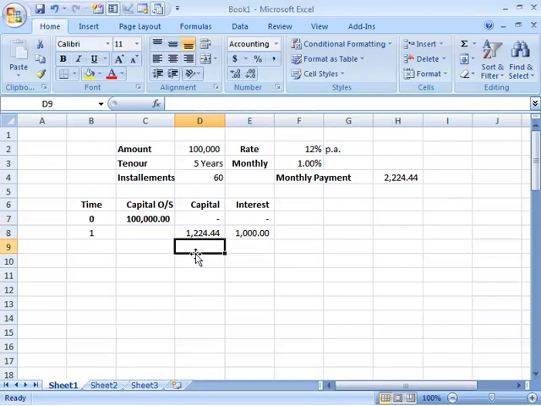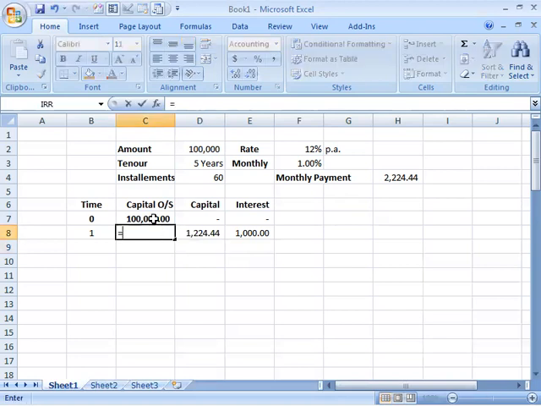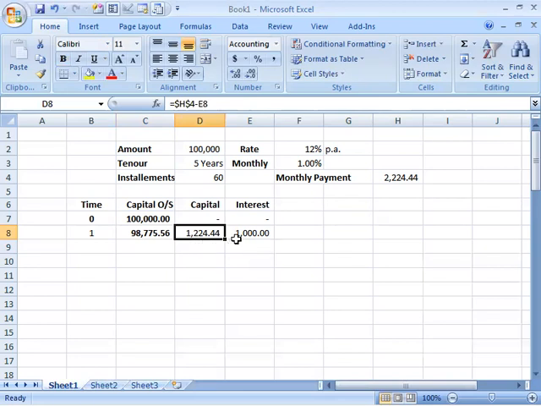So we are left with 1,224.44 to service the capital outstanding. I will deduct that from the capital outstanding, right? Now once we pay this first installment, the loan outstanding will be 98,775.56, while the capital service portion is 1,224.44, and the interest component is 1,000.